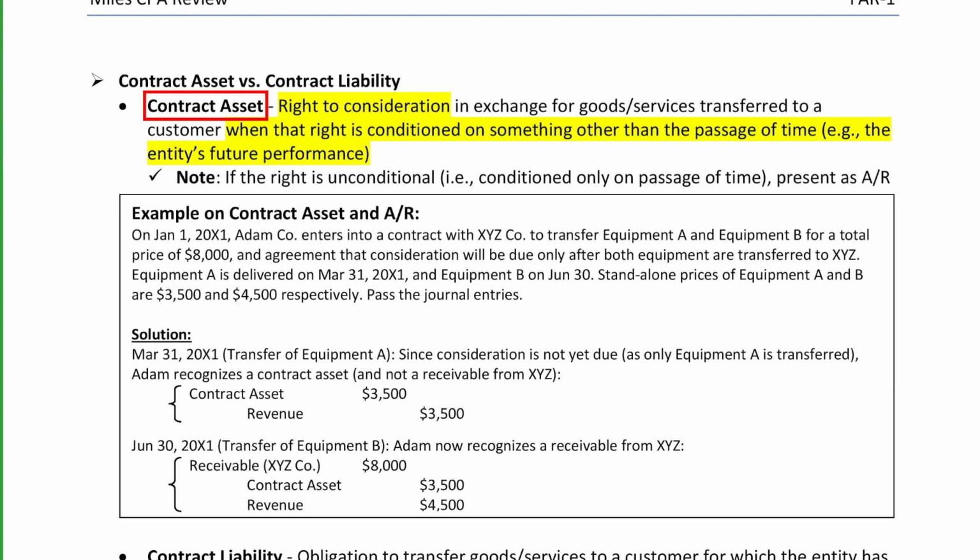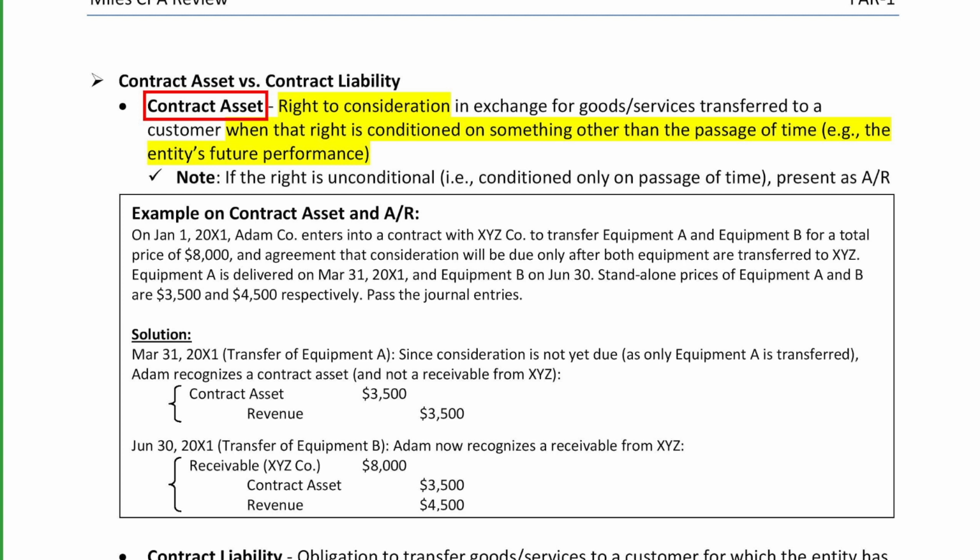So on March 31st, when Adam transfers equipment A, the consideration is not yet due, as only equipment A is transferred and the consideration would be due only when both the equipment are transferred. So Adam now recognizes a contract asset and not a receivable from XYZ.